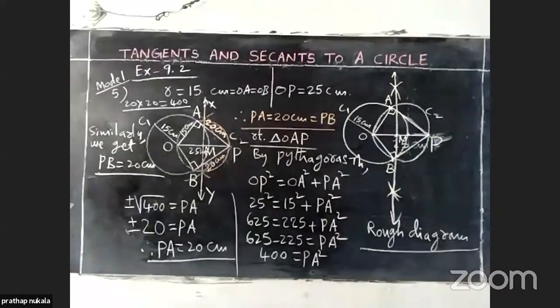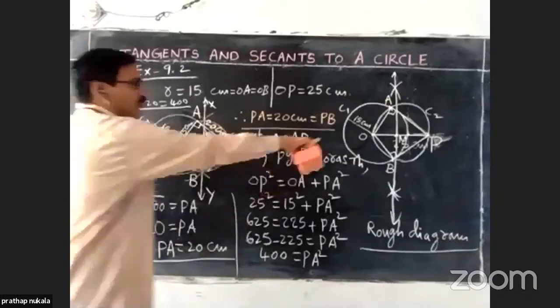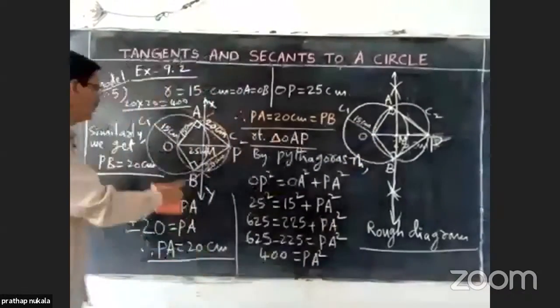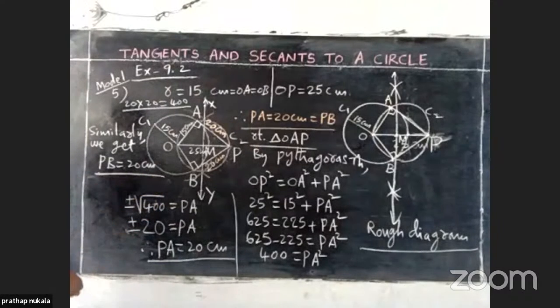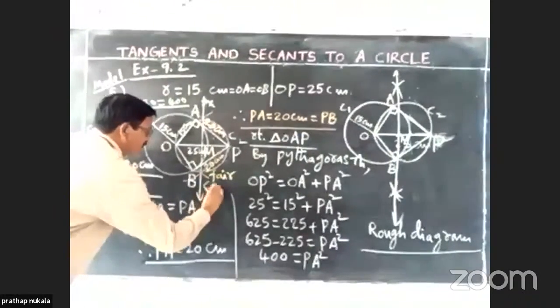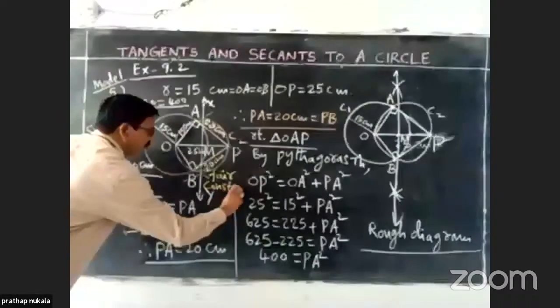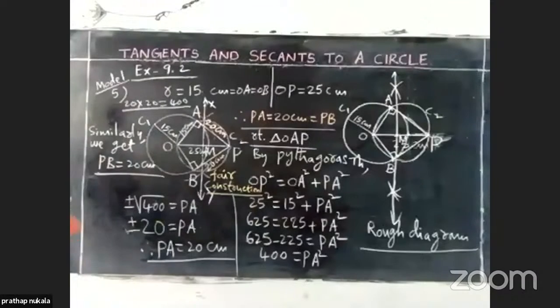Okay. After this, if 4 marks is given in the examination, 1 mark for the rough diagram, 2 marks for the fair construction. This is the fair construction. Write it as fair construction.